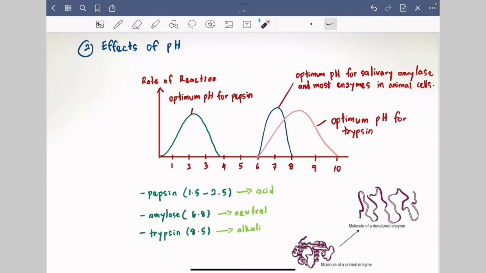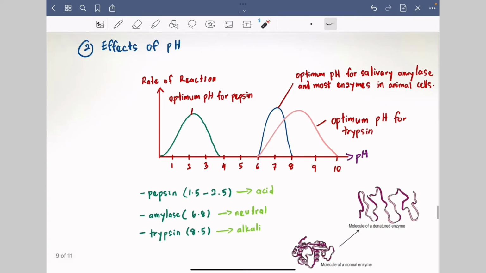Another factor that can affect the enzyme activity is the pH. Enzymes are very sensitive to pH. And here we have a graph showing the rate of reaction against the pH.